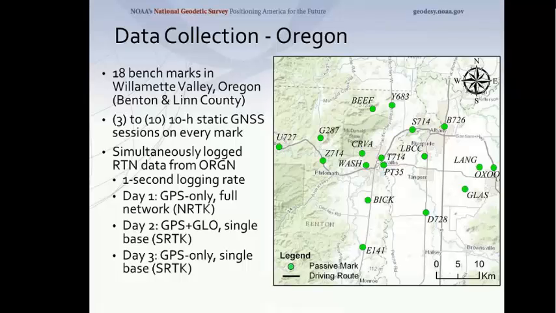For the first day we connected to the full network and collected GPS only. Then on day 2 we did GPS plus GLONASS from a single base station. Day 3 was GPS only from a single base station. What would have been neat is if we had a day 4 where we did GPS plus GLONASS for the full network, but at that time that wasn't available in the ORGN. Okay, next slide.